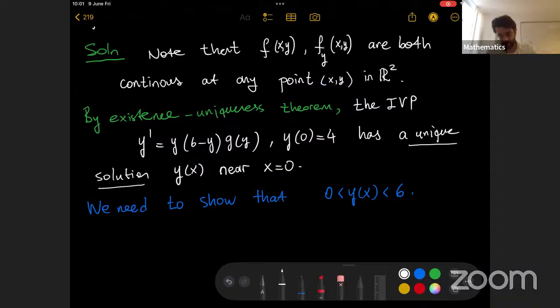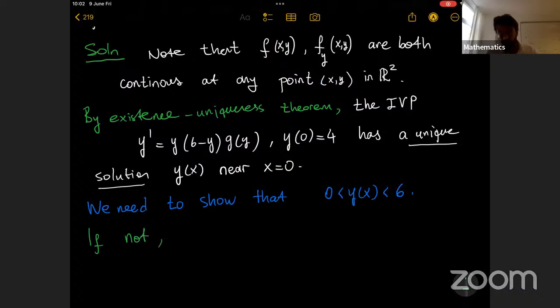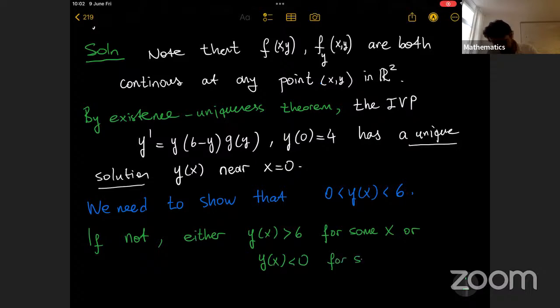If not, either y of x is bigger than 6 for some x, or y of x is less than 0 for some x.